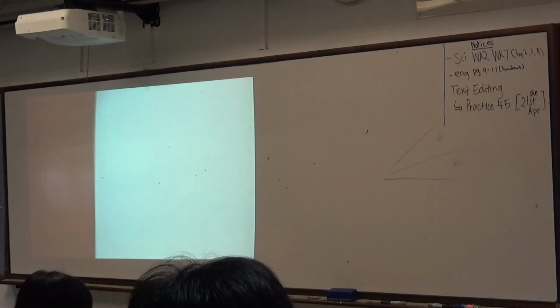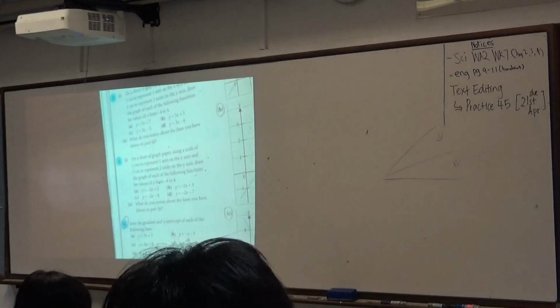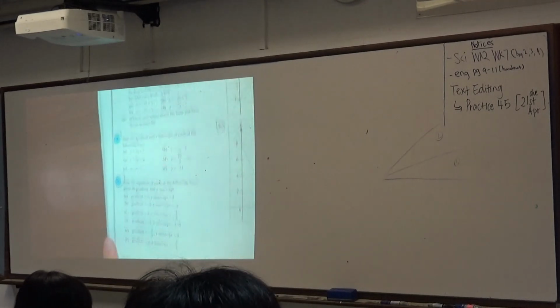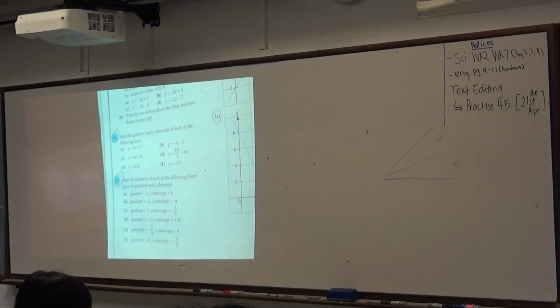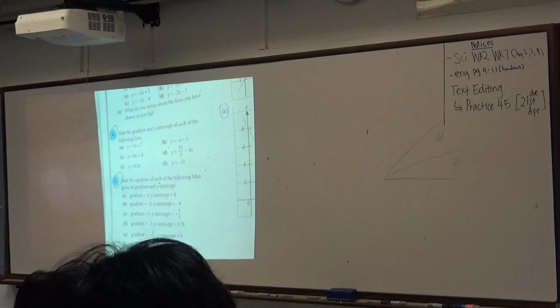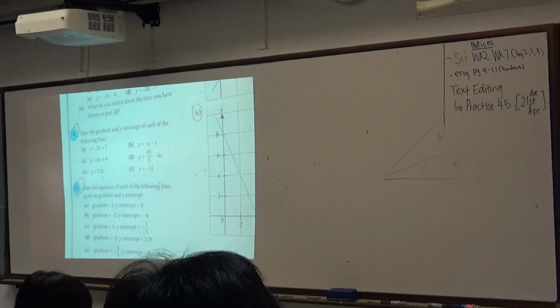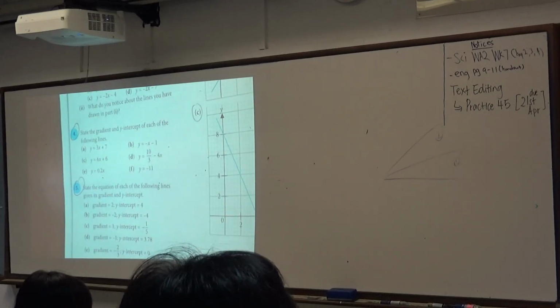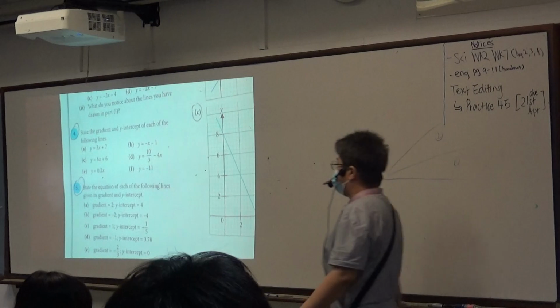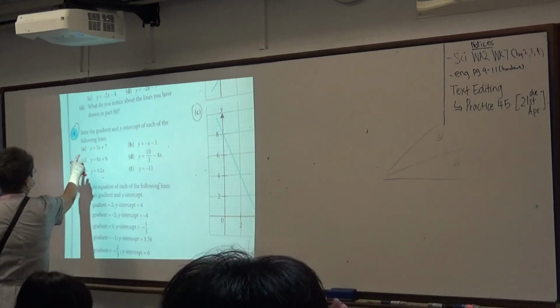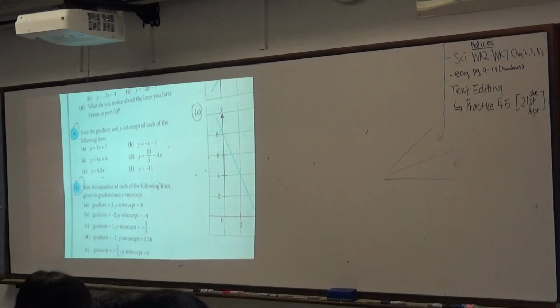I want to do some of the exercises here with you because it's not necessary to do it on the foolscap paper, but I need you to pay attention to what I'm saying. Now, let's take a look at question number 4. They say, state the gradient and the y-intercept of each of the following lines.